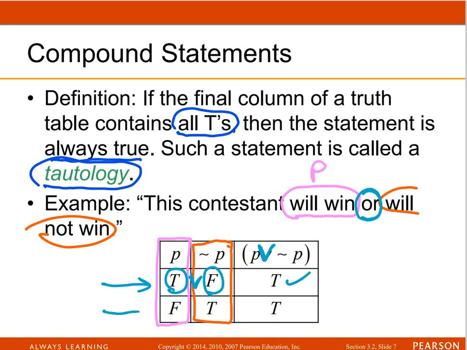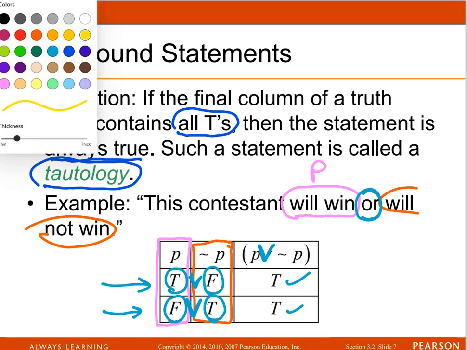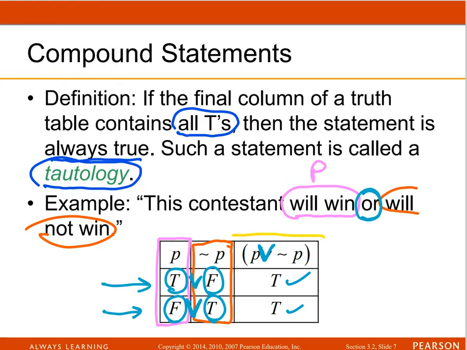And then you go to the next row and you're like, okay, I have a false or I have a true. False or true is also true. And so this is your last column. Because you have a row of T's, you have a tautology. And that's what a tautology looks like.